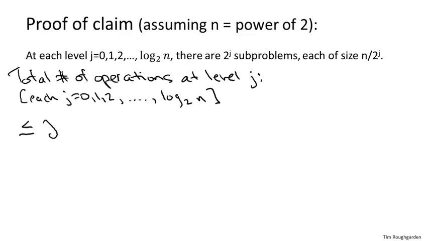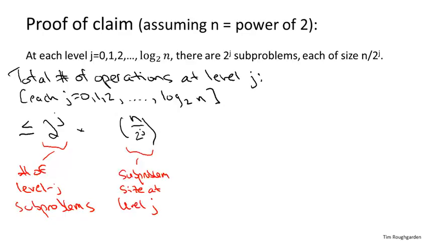All right, so we start with the number of different subproblems at level j, and we just noticed that was at most 2 to the j. We also observed that each level j subproblem is passed an array as input, which has length n over 2 to the j. And we know that the merge subroutine, when given an array of size n over 2 to the j, will execute at most 6 times that many lines of code.